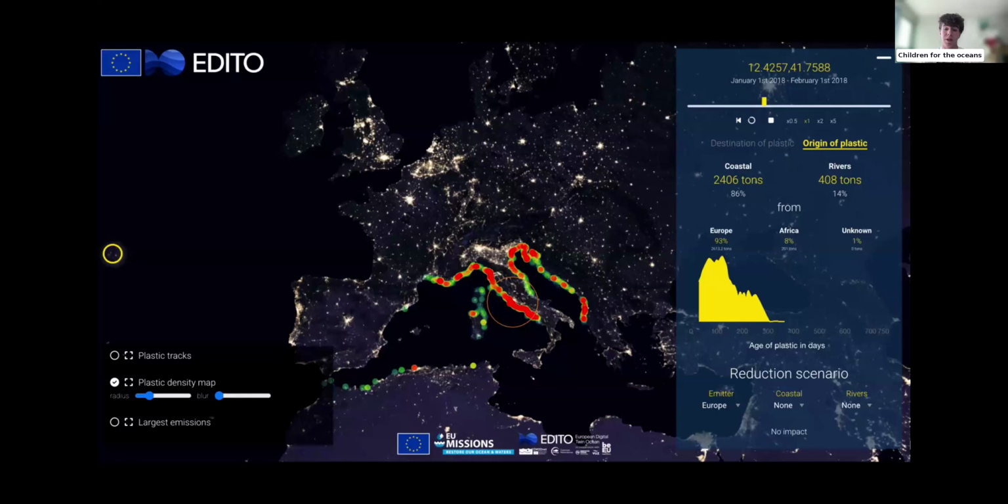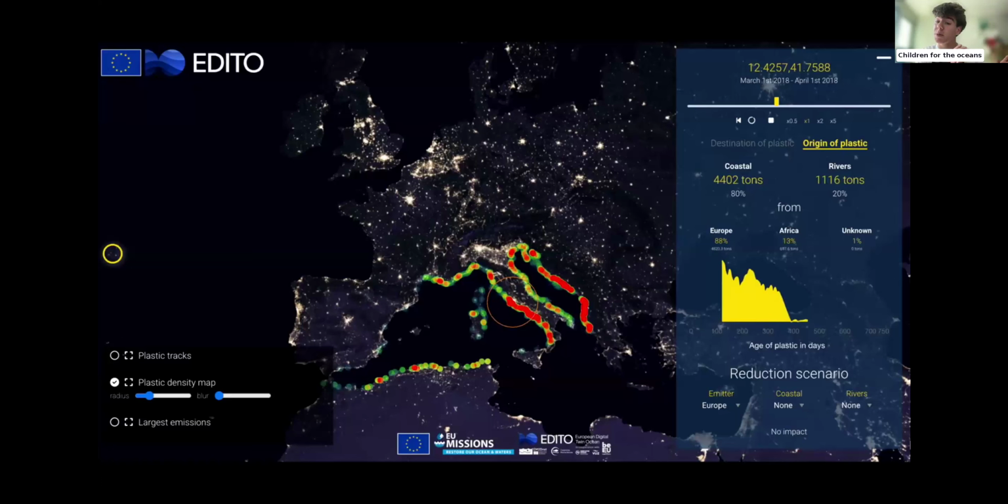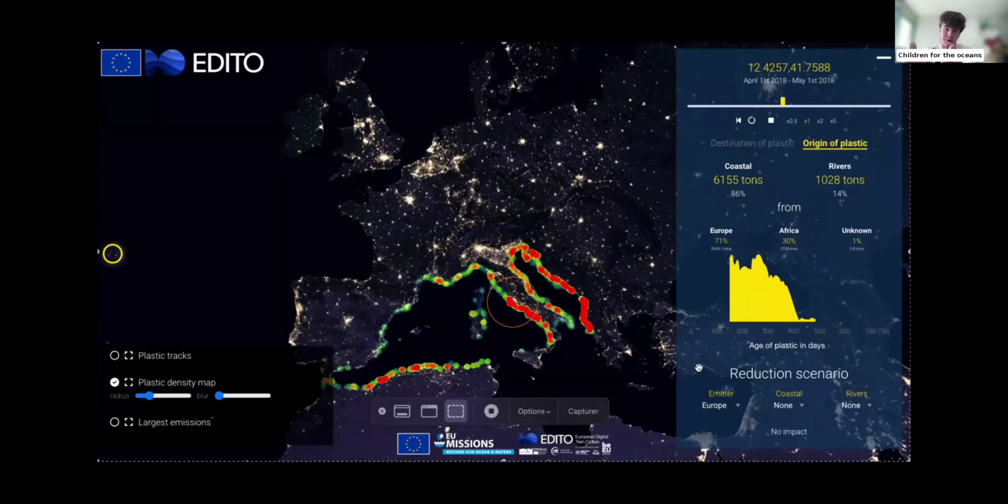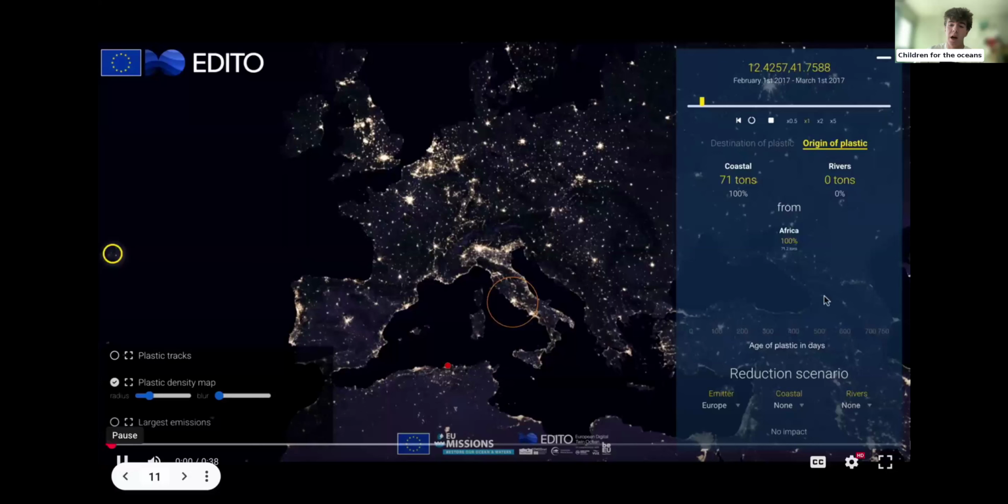I think this is really essential, because in our awareness sessions, we tend to ask the students, where do you think the majority of the plastic in the ocean comes from? And here we know that it is from the coast, with notably a pinpoint of Italy.